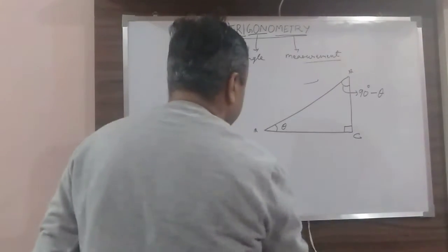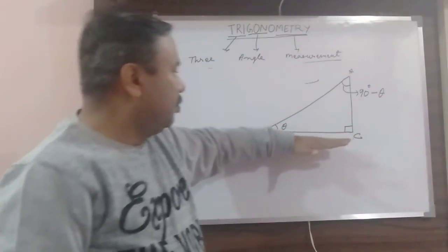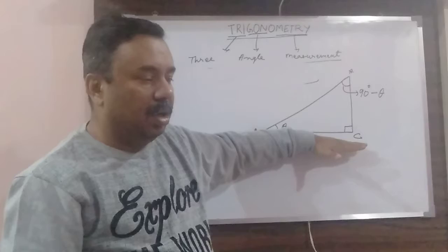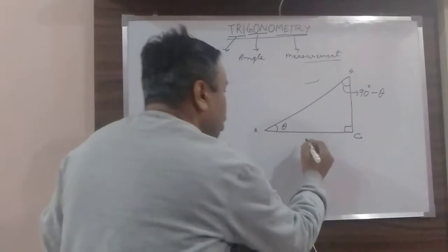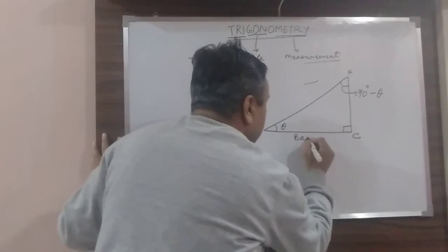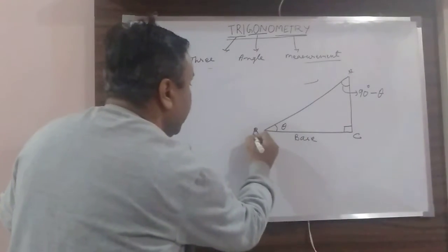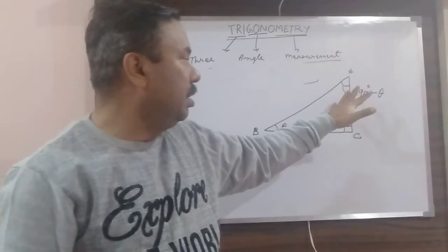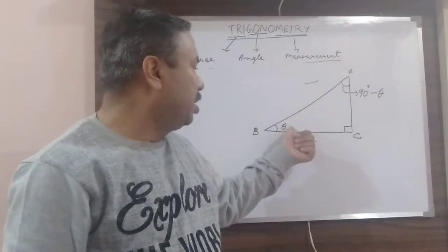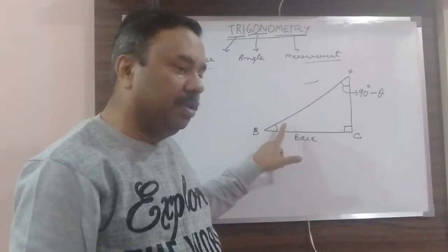If it is a right triangle, there is one base on which it is standing, and this is represented by base, because I have to find out the ratios. Always the ratio is found with respect to some angle. So I am finding the ratio with respect to the angle theta.